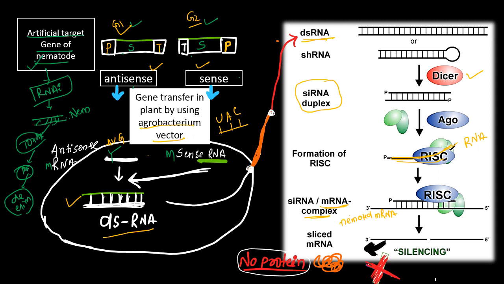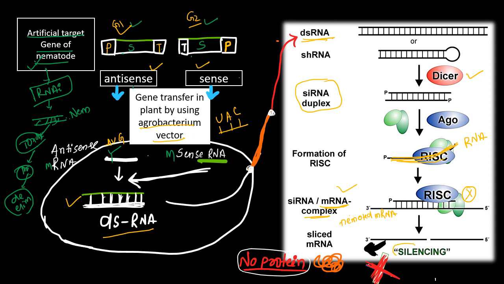And when this RNA is introduced inside the body of the nematode, this RNA is complementary to the nematode mRNA. Due to complementarity, it blocks this mRNA of the nematode.